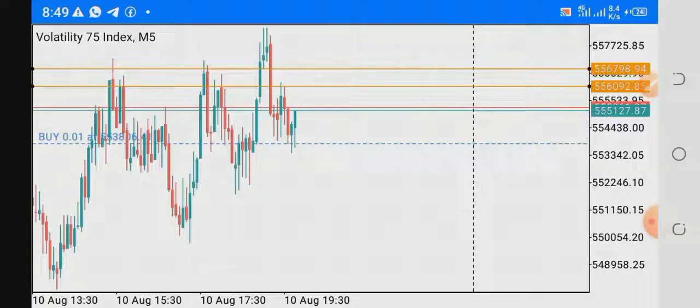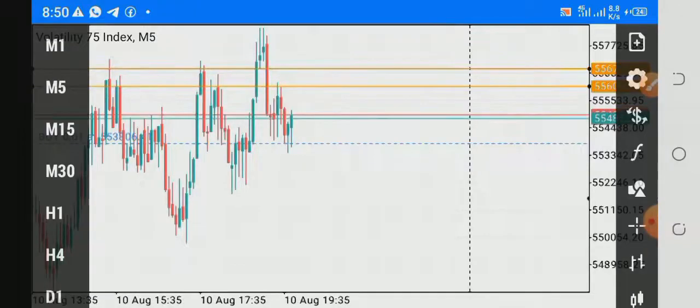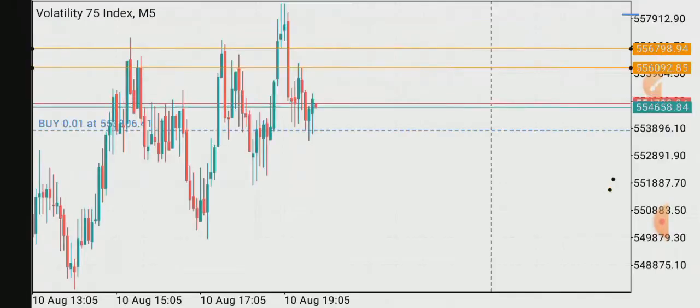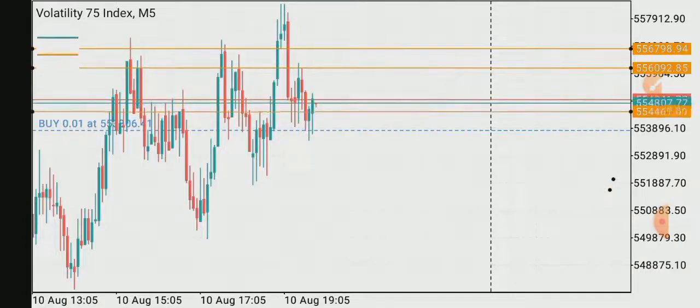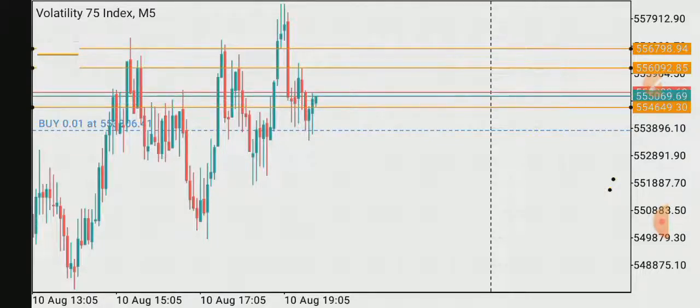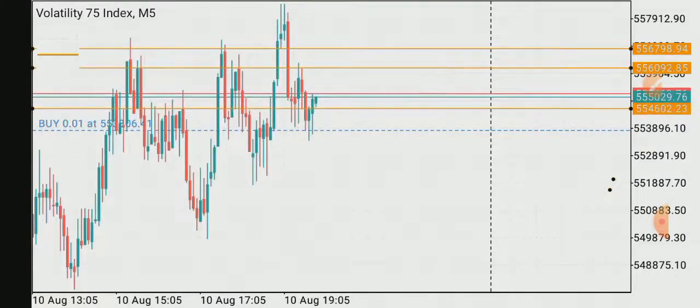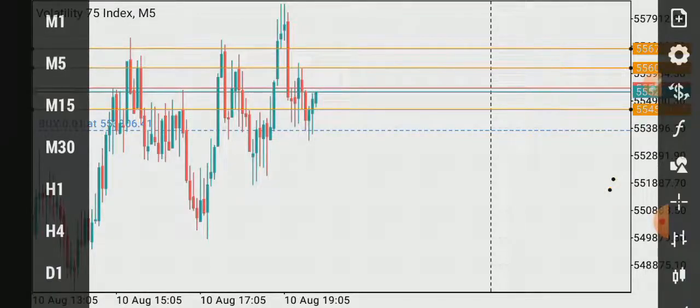Let's look for another point. Okay, let's see this here, right here. Good, we have it here. We have this third line right there serving as both support and resistance.